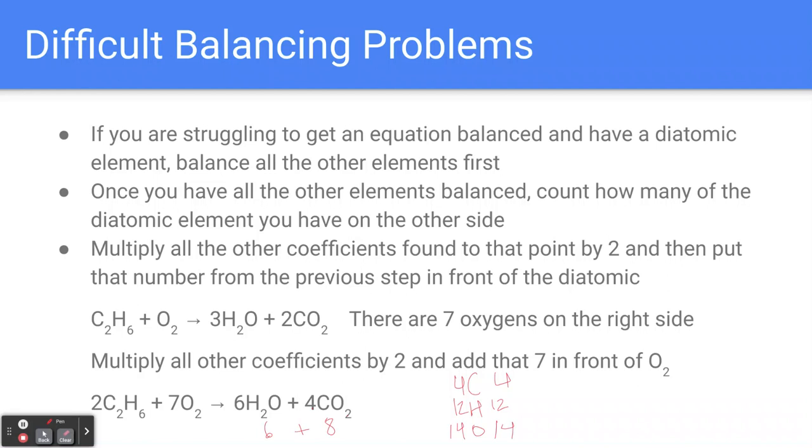So we're all good there. That is typically a difficult problem. If you've got a diatomic, try to balance everything else first. And then if you just can't seem to get it to balance out, multiply everything by 2 and then put the number of atoms that you had on the diatomic.